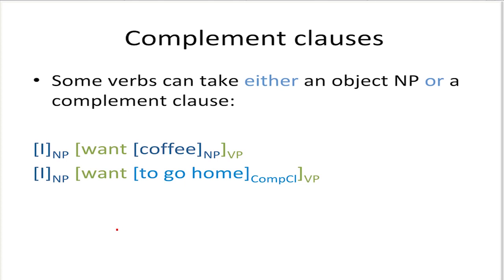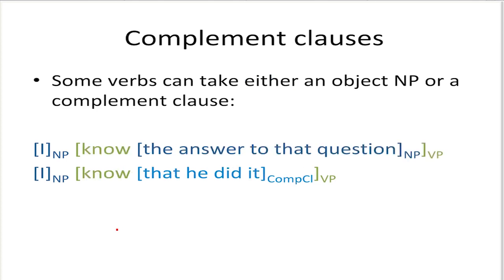"To go home" is a clause post-modifying the verb, so it's a complement clause. "I know the answer to that question." "The answer to that question" is a noun phrase post-modifying the verb know, so it's an object. "I know that he did it." "That he did it" is a clause post-modifying the verb know in the verb phrase, so it's a complement clause.